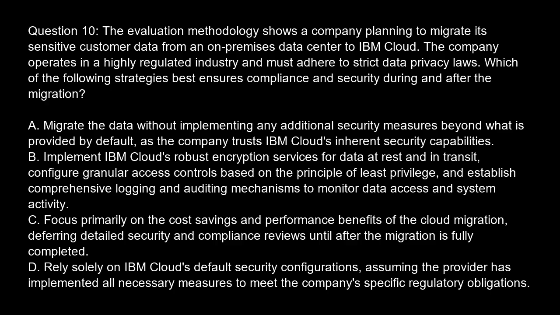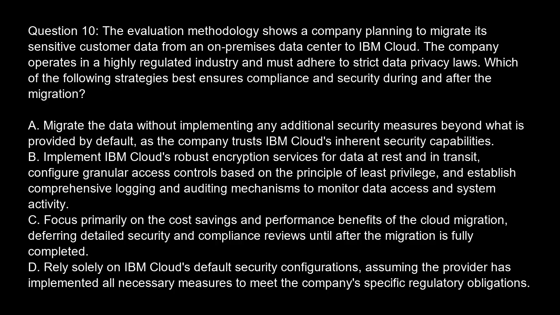Option A. Migrate the data without implementing any additional security measures beyond what is provided by default, as the company trusts IBM Cloud's inherent security capabilities. Option B. Implement IBM Cloud's robust encryption services for data at rest and in transit, configure granular access controls based on the principle of least privilege, and establish comprehensive logging and auditing mechanisms to monitor data access and system activity.